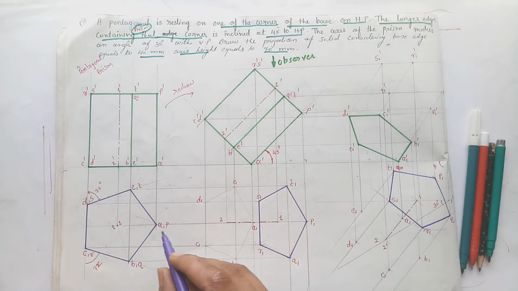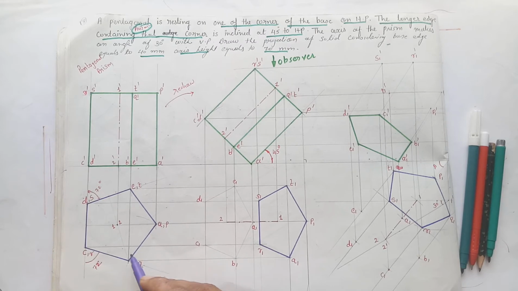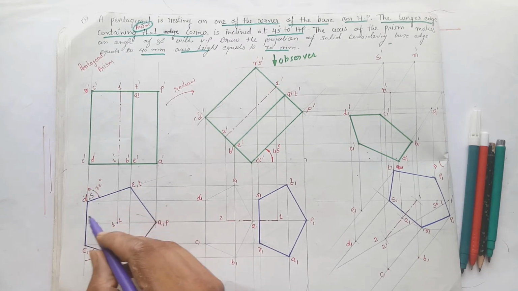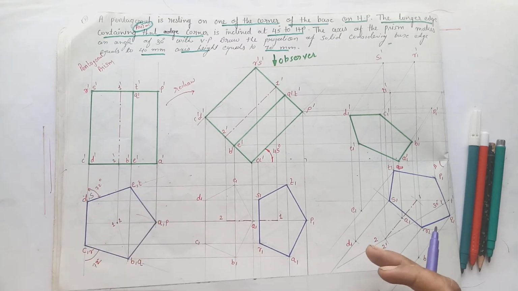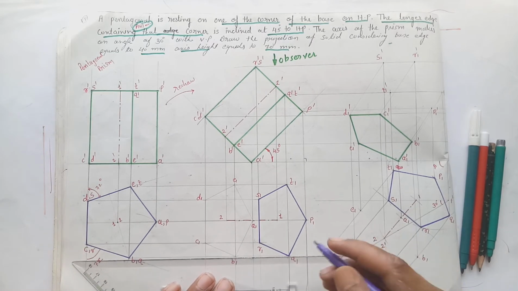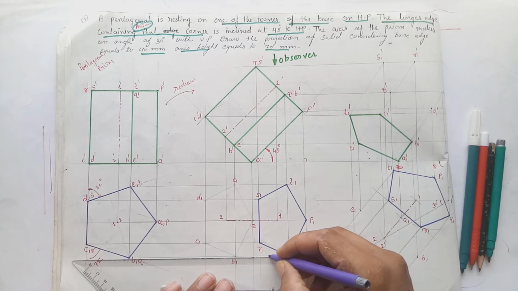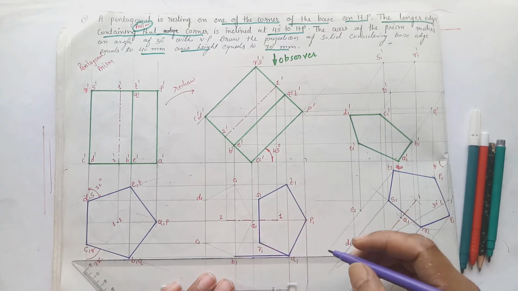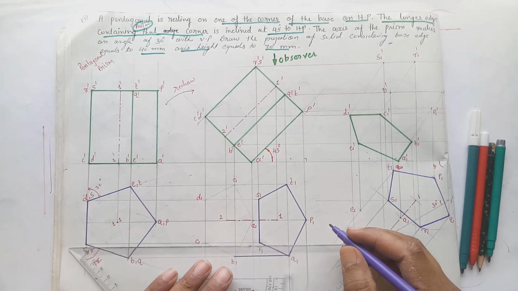Now you can see that the side edges are AP, BQ, CR, DS and ET. So draw AP, BQ, CR, DS by using the rule of intersection of the visible outlines and hidden outlines that we have discussed a lot of times.